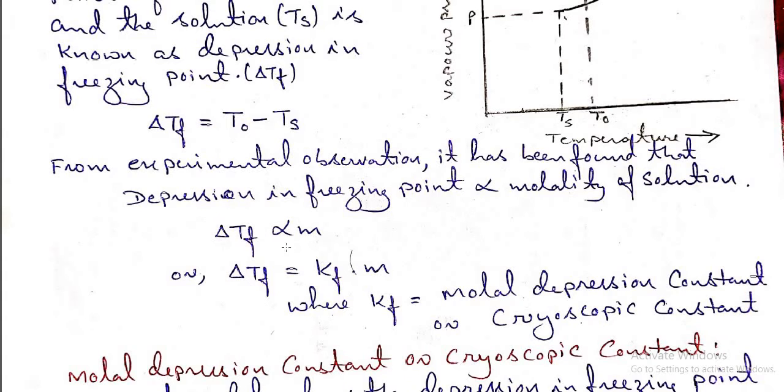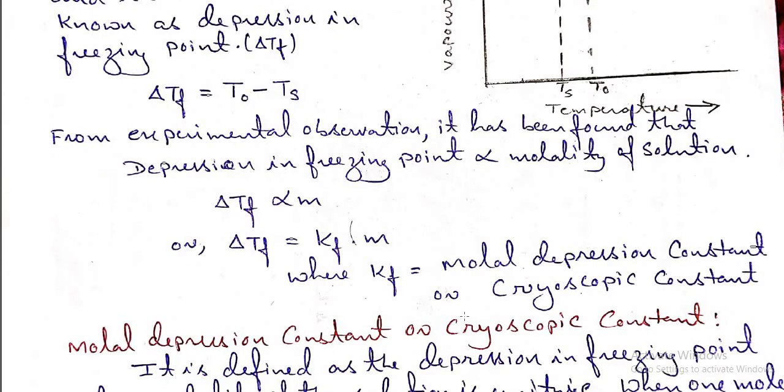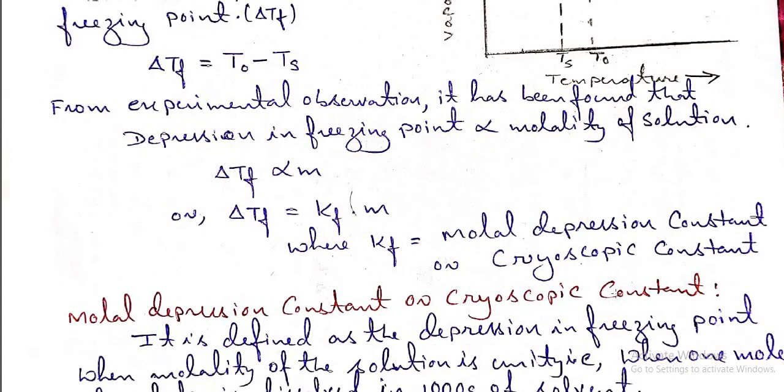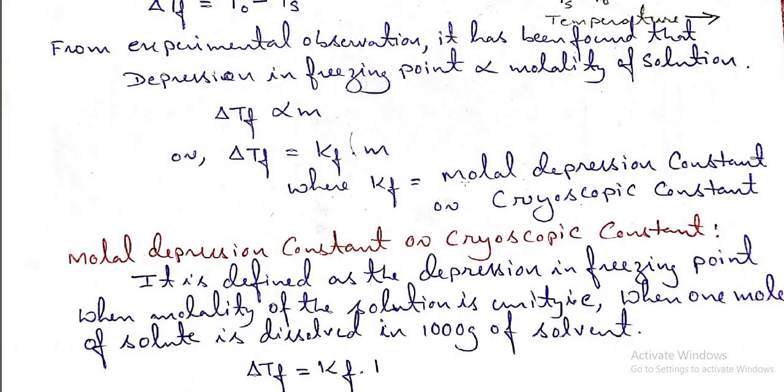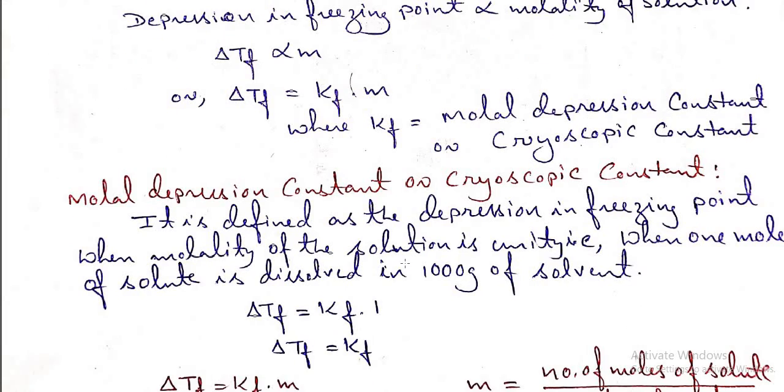Now, to remove this proportionality sign, we will put a constant, that is Kf. Over here, Kf is known as molal depression constant, or we call it the cryoscopic constant. If you want to define this molal depression constant or cryoscopic constant, it is defined as the depression in freezing point when molality of the solution is unity.